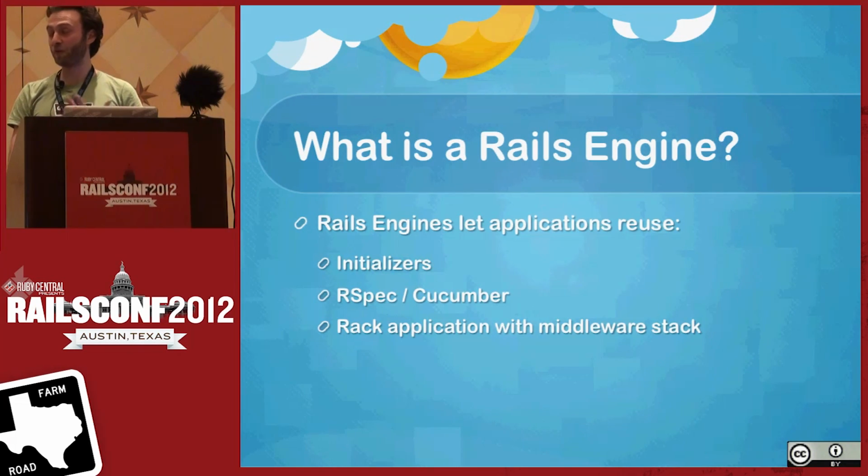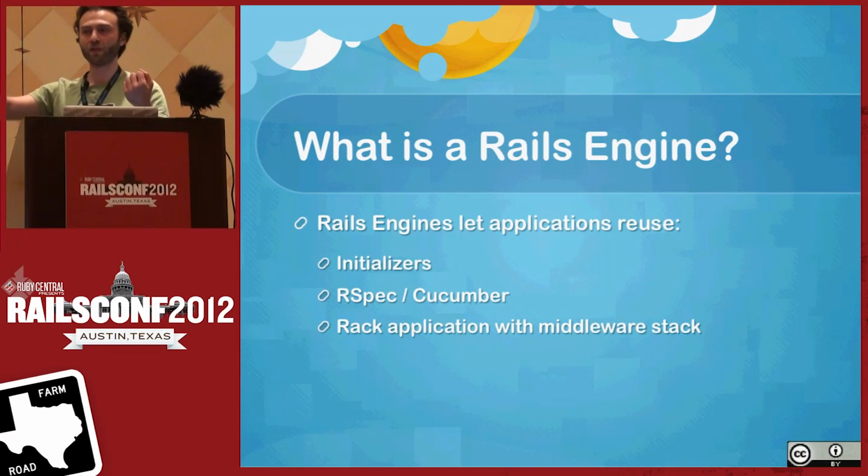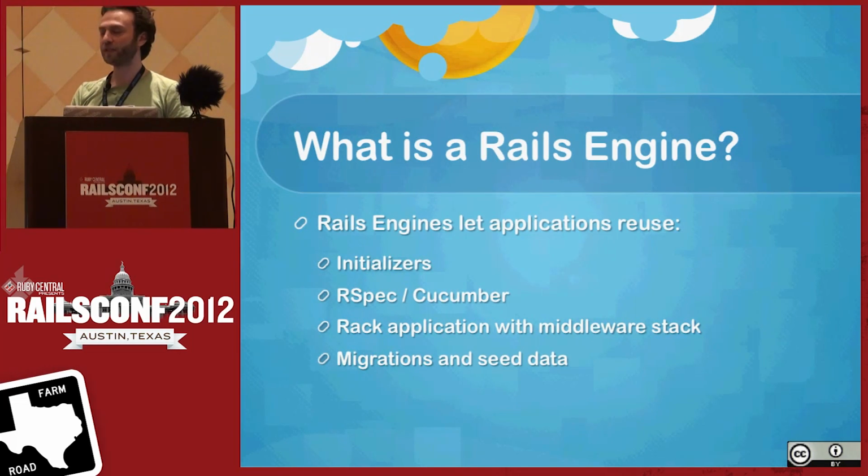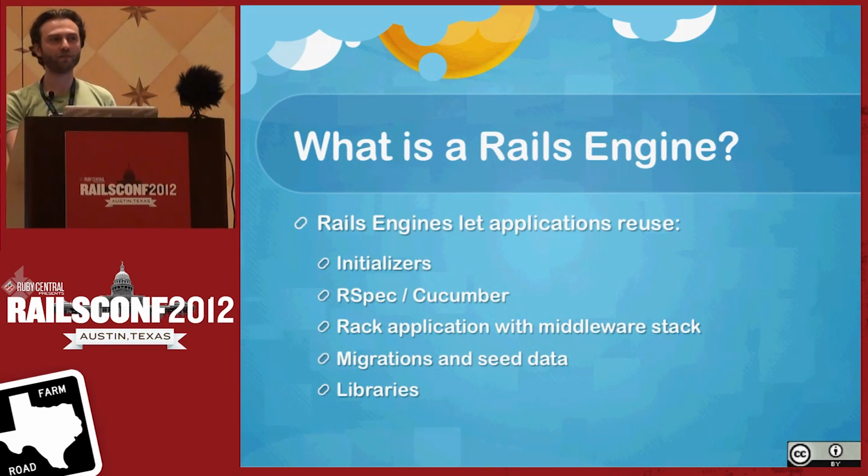Initializers, RSpec and Cucumber tests, so you can separate your tests from the main app and push them to the engine, so you don't have to run the entire test suite on that app every time. You only run the engine's test suites whenever you modify the engine, and when you go back to the app, its test suite is slightly smaller because it doesn't have the engine tests. Rack application with middleware, migrations and seed data, and even libraries.